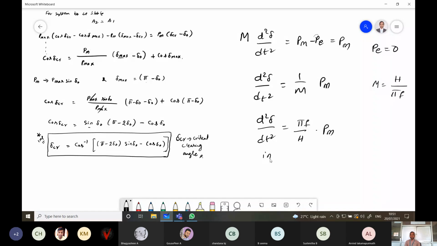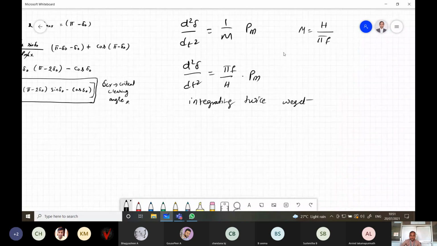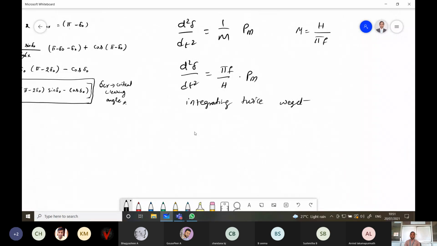So integrating this expression twice, we get delta is equal to pi f by 2H into Pm into t square plus delta naught.